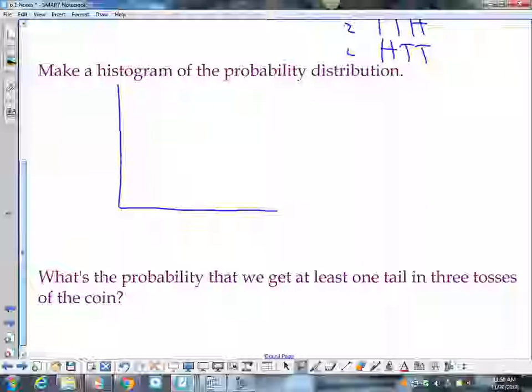What's down here? What are we measuring? Number of tails. Now hold on a second. Do I have to write number of tails, or did we let a variable represent that? So can I just label it X? Because didn't we define X as the number of tails? Okay, what were my possible outcomes for X?